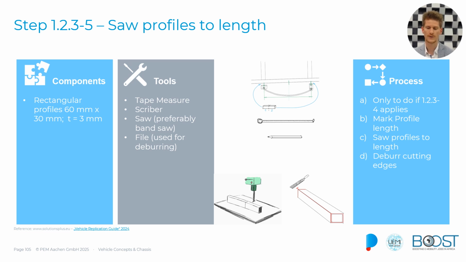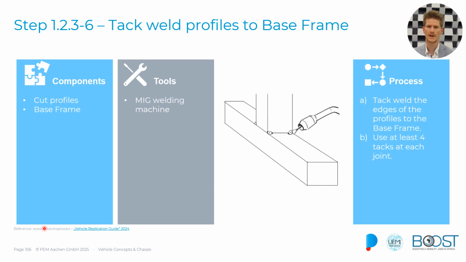We will saw the profiles to length according to the height that we've just established, and deburr the edges for a good fit. Then we will tack weld the profiles to the base frame, again using a MIG welding machine.